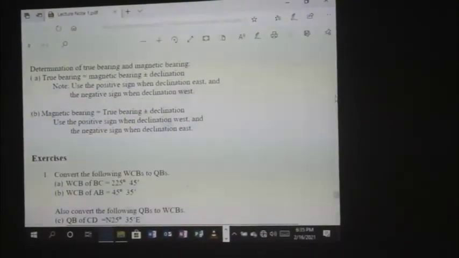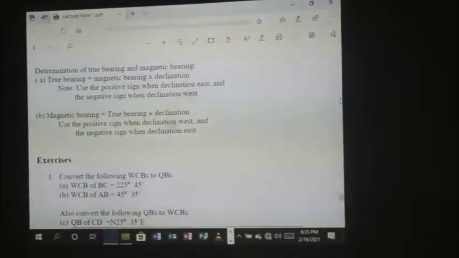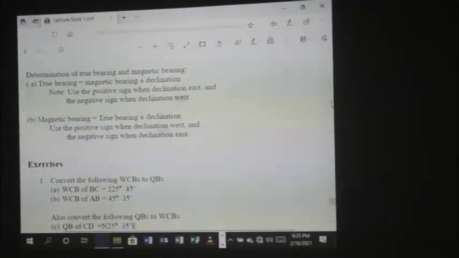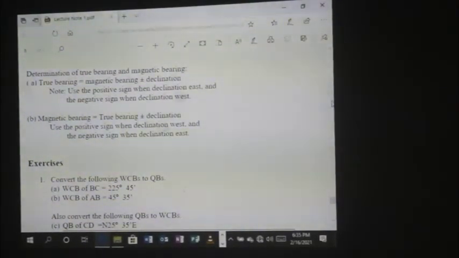So, determination of true bearing and magnetic bearing. True bearing equals magnetic bearing plus or minus declination. This is how to calculate true bearing. Then magnetic bearing is equal to true bearing plus or minus declination.